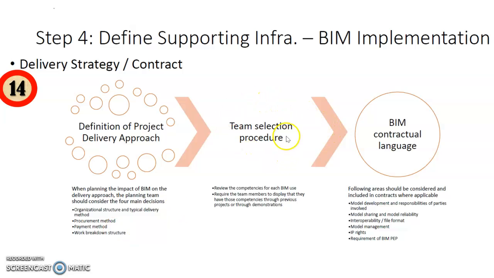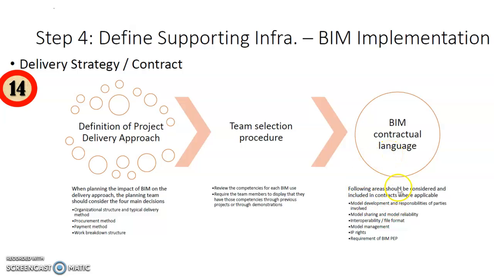In terms of the team selection, we will also put down our procedure for selecting the team. Review the competency for each BIM use. Require the team member to display that they have this competency through previous projects or through demonstration. We also need to be clear on the BIM contractual language.